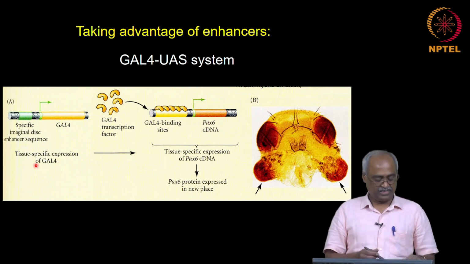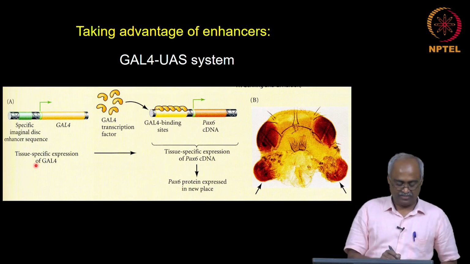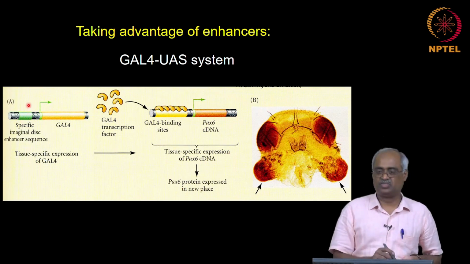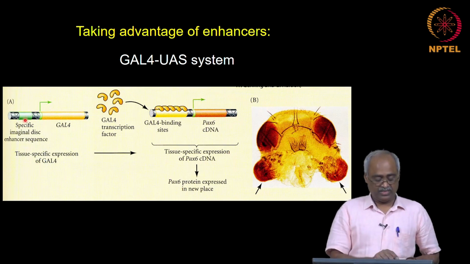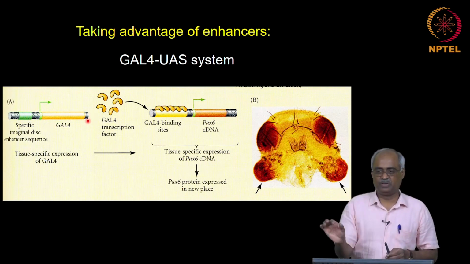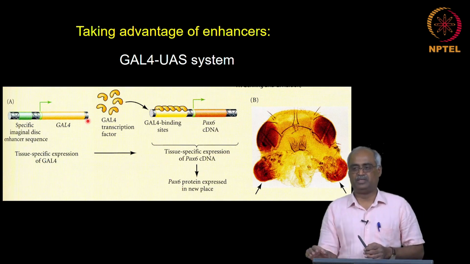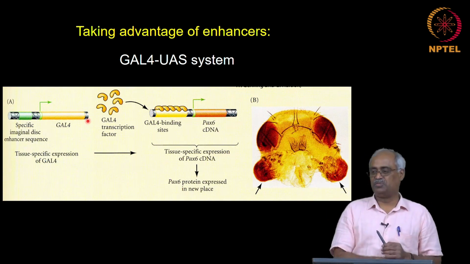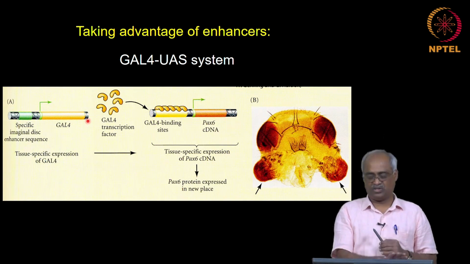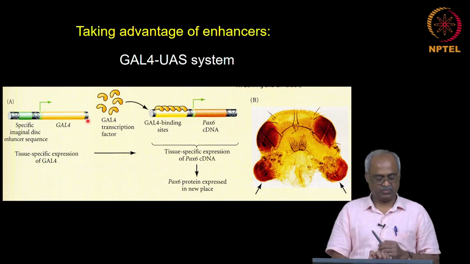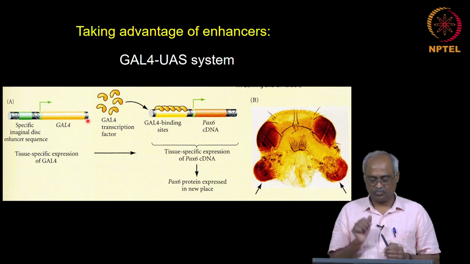So, you use an imaginal disc specific enhancer to control the expression of a yeast transcription factor, GAL4. GAL4 recognizes a very specific short sequence and activates transcription. So, now you have that transcription factor produced in one strain of Drosophila under this imaginal disc specific enhancer.